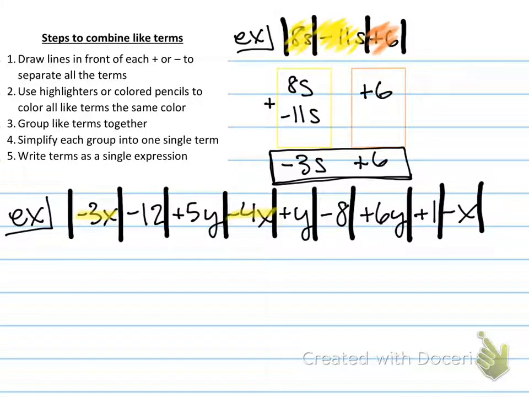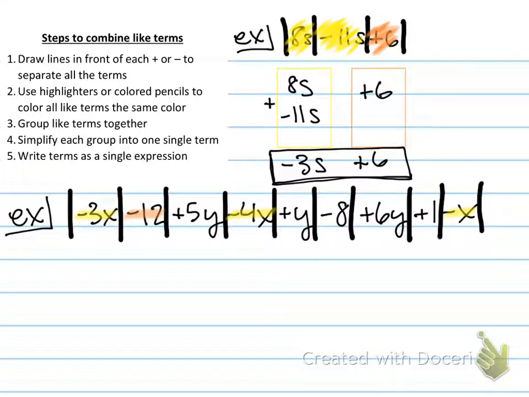I keep going. Y, negative 8, 6y, plus 1, and then I have minus x, or negative x. That also has an x, so that is going to be highlighted yellow. I'm going to switch colors, and I go to the next term. This is negative 12 or minus 12, same thing.